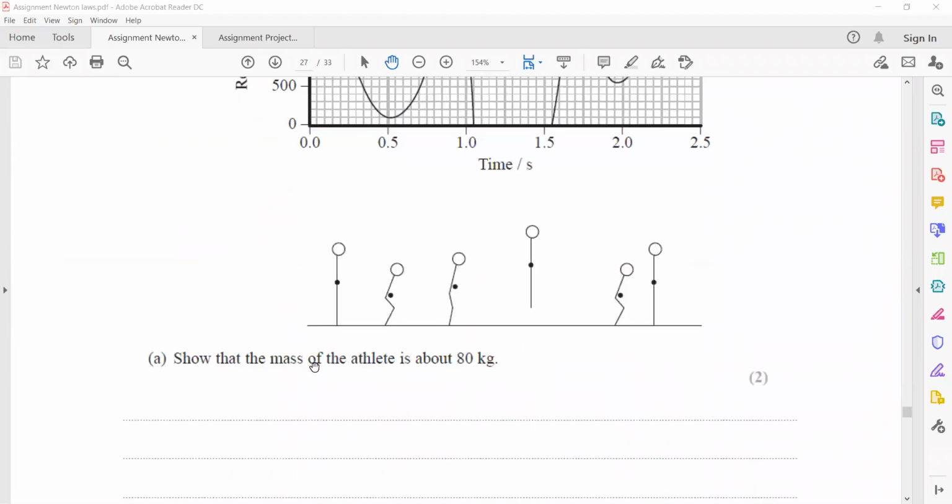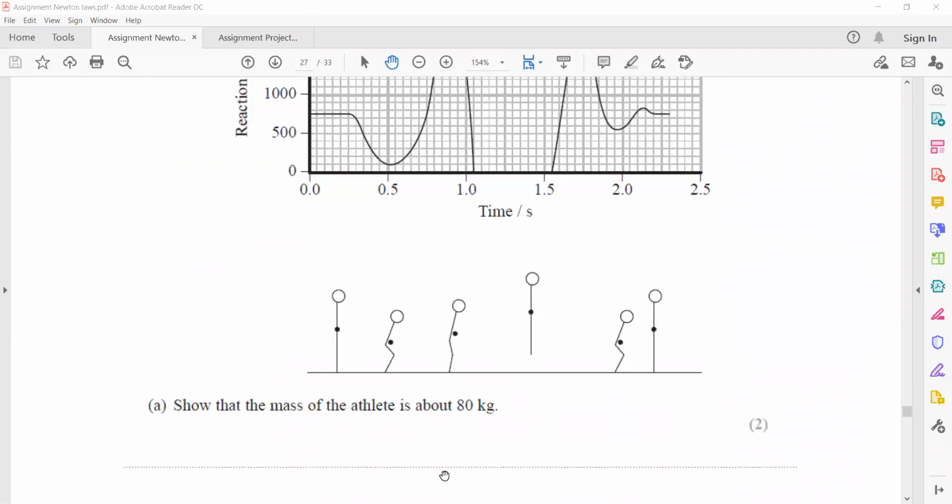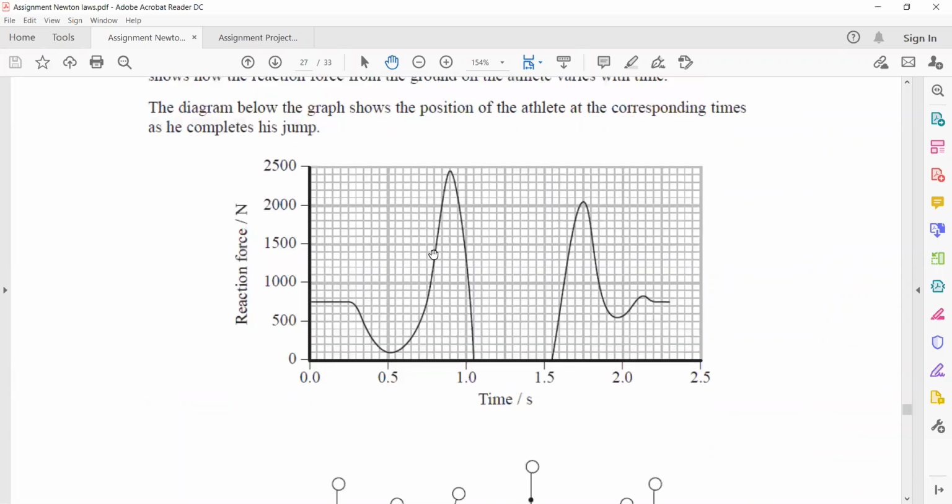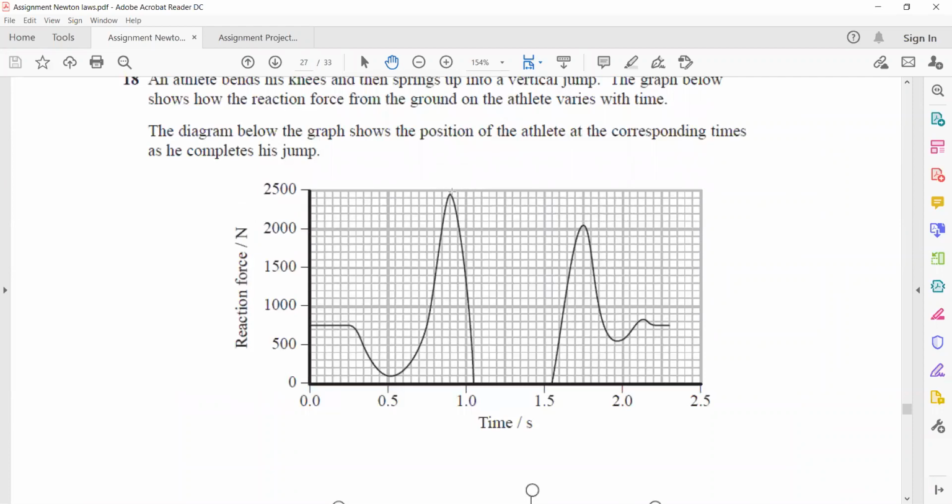So in this question, show that the mass of the athlete is about 80 kilograms. How can we show the mass of the athlete? This is the upward force which the athlete applied. So upward force minus the weight equals ma.